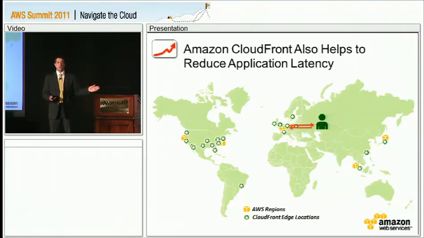You can go to any one of our 21 POPs and ensure that the static content you're serving is right next to your customer. And to note, using CloudFront in many cases is actually cheaper than using S3 to serve the content directly. So you're going to get better performance and continue to lower your prices, which is nice.